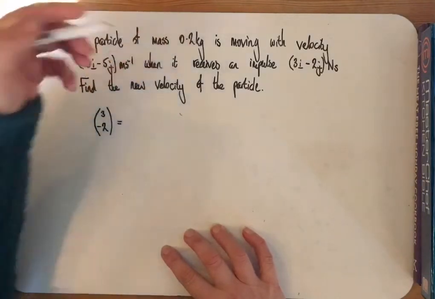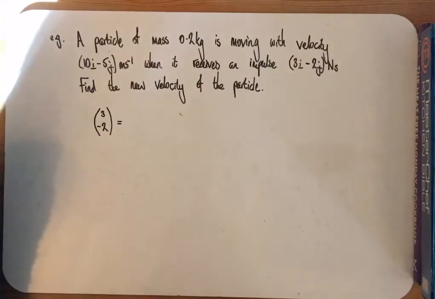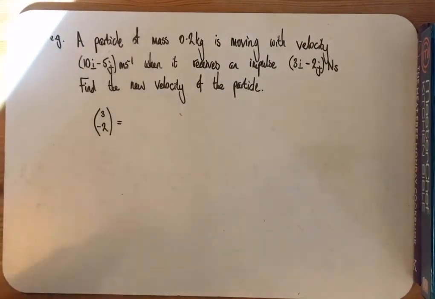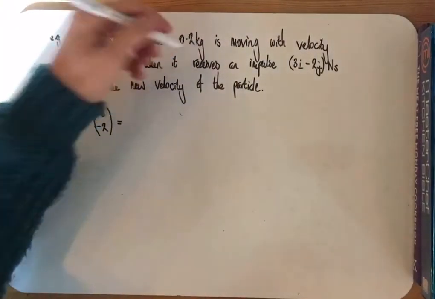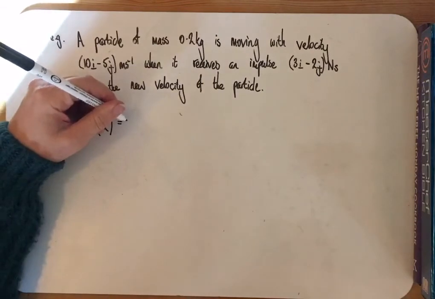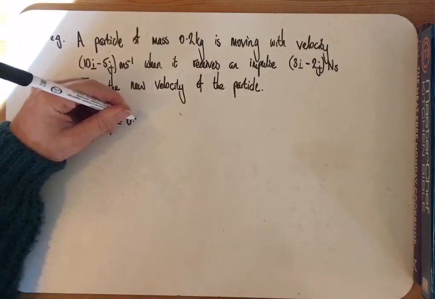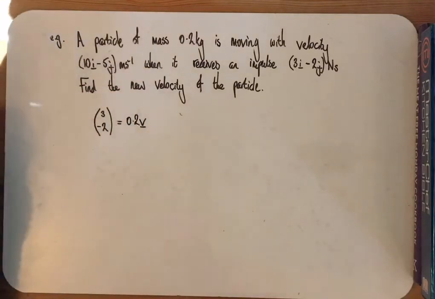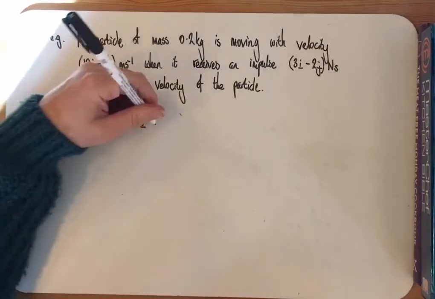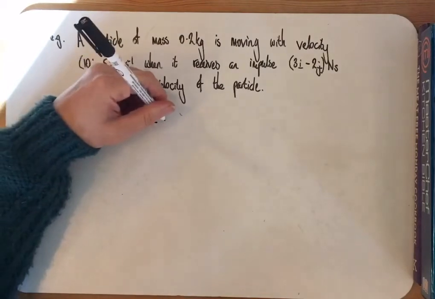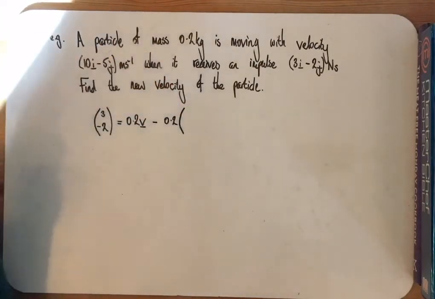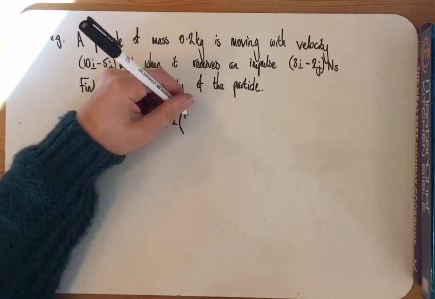We're in SI units now because we're doing mechanics, so just check you've got your SI units as well, which is fine, it's kilograms. So 0.2 v. You should be underlining these because they're vectors. And then minus 0.2 u, which is (10, -5).